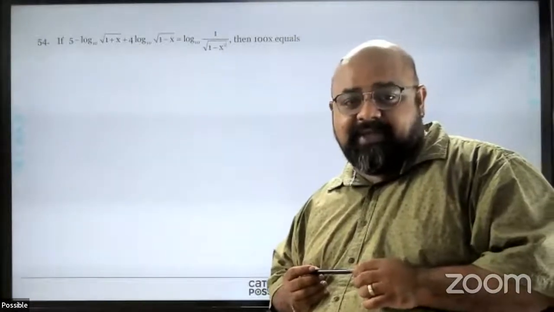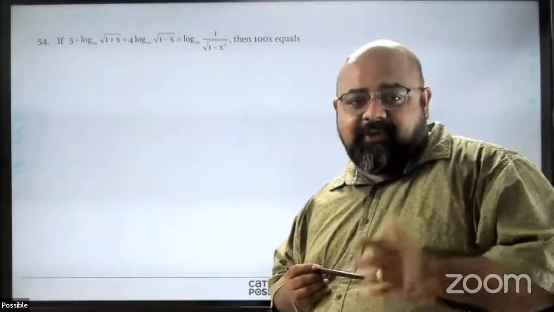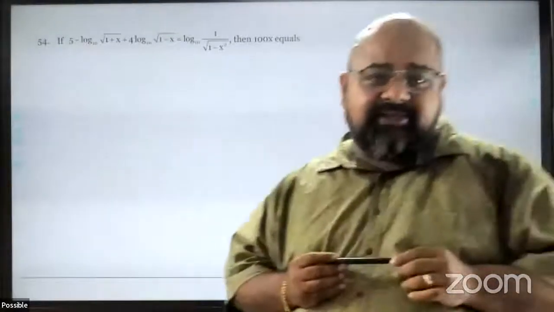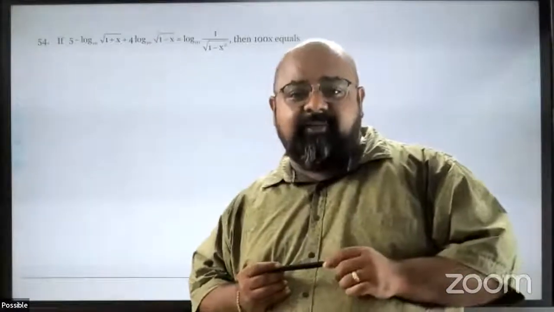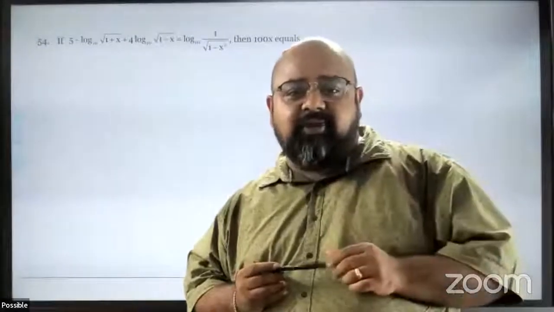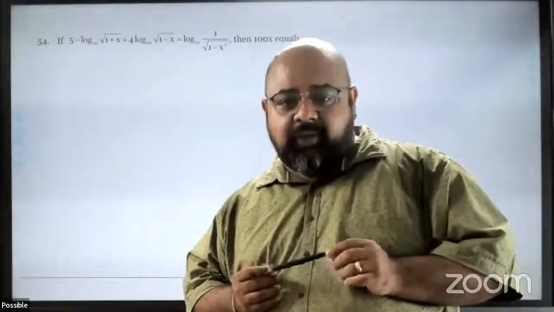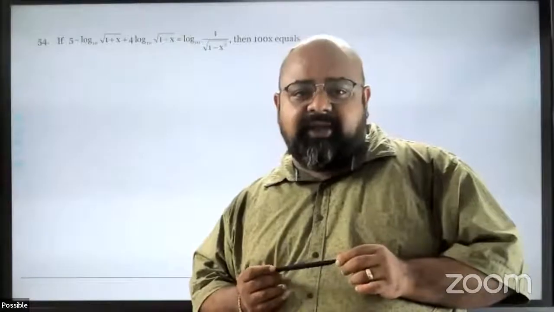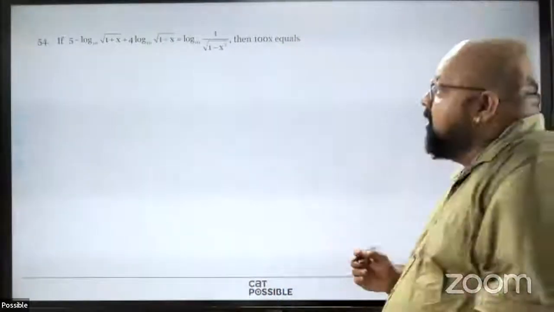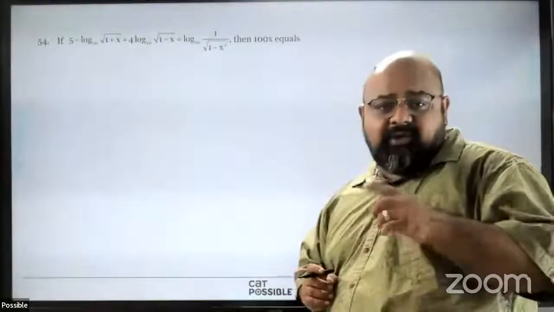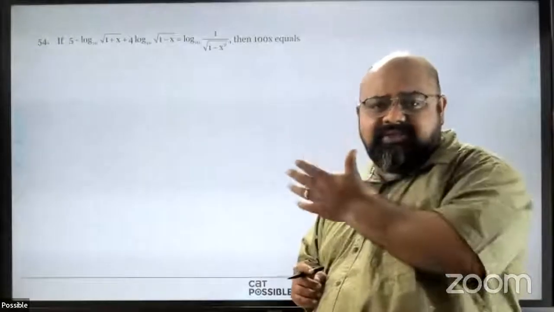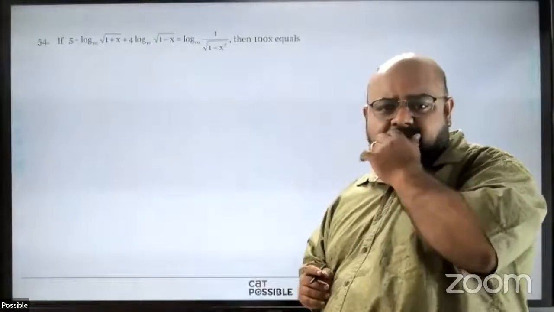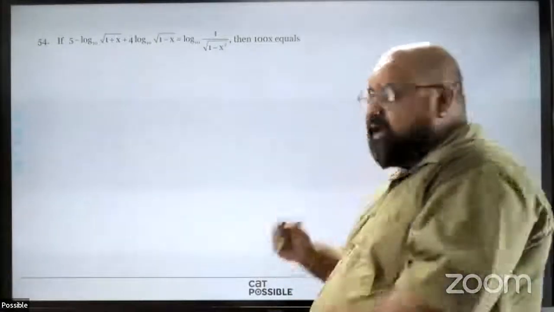All right. So what I am able to see here is, there is a 1 plus root of 1 plus x, there is a root of 1 minus x. If I multiply them, there is a root of 1 minus x square. So I start by operating on the right hand side. I will not be writing log 10 because the base is the same and I don't think we'll have to change the base. So I'm just writing it as a log.